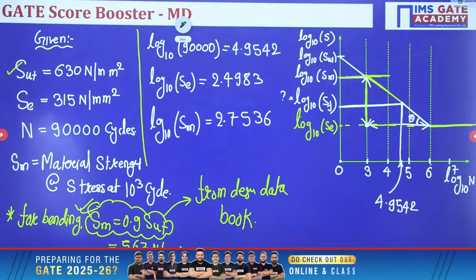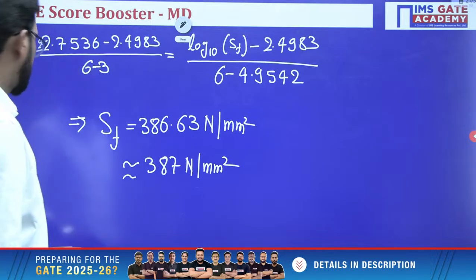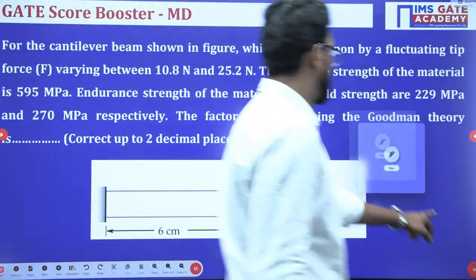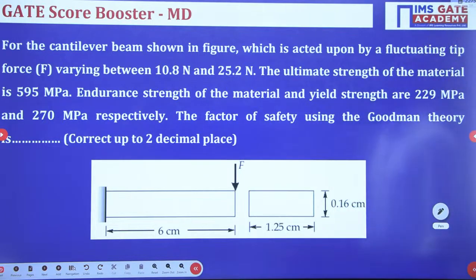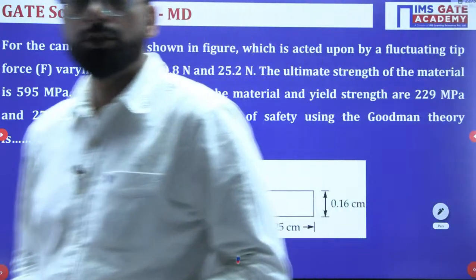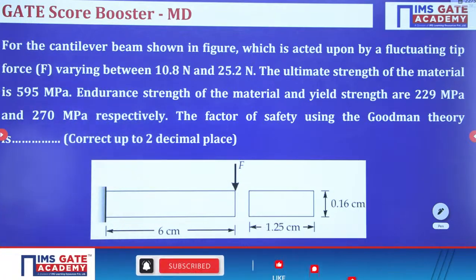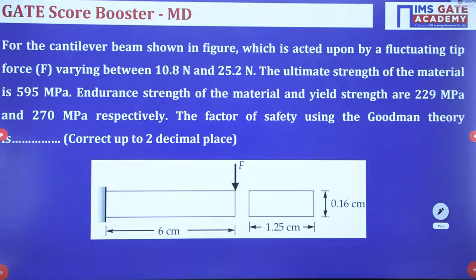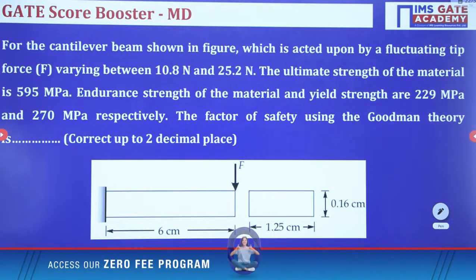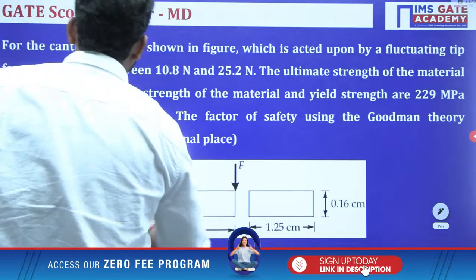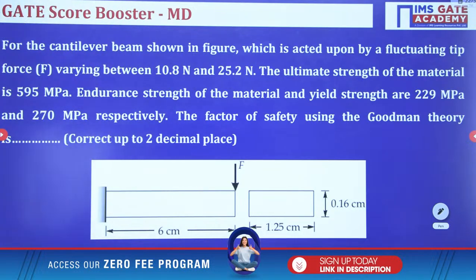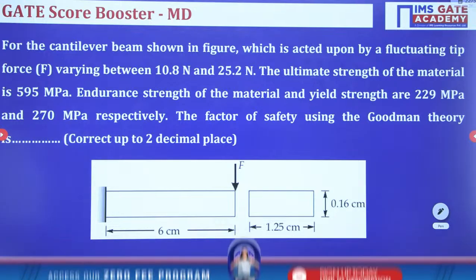Now, we'll take the next problem. Read this question. A cantilever beam shown in the figure is acted upon by a fluctuating tip force F, varying between 10.8 Newton and 25.2 Newton.